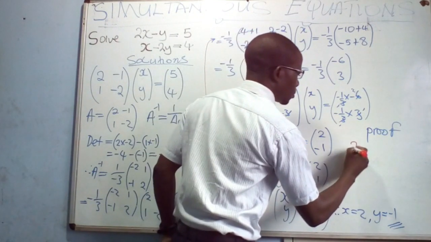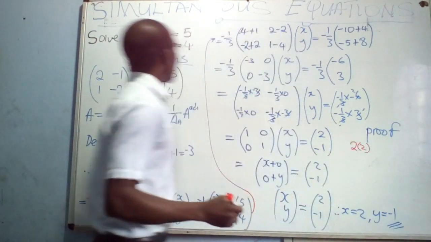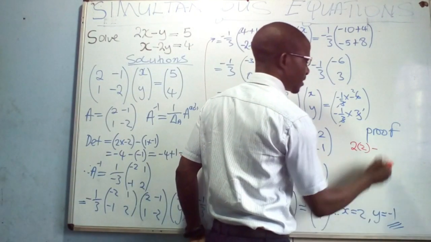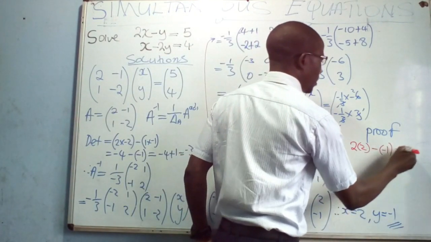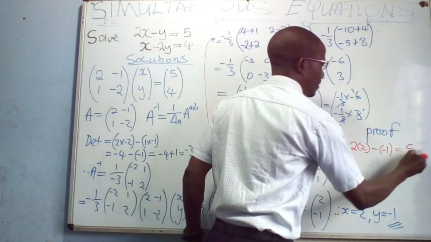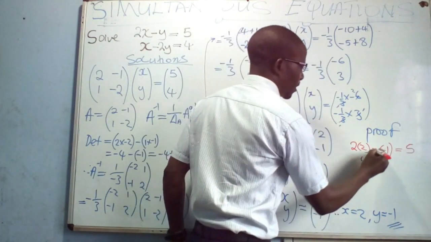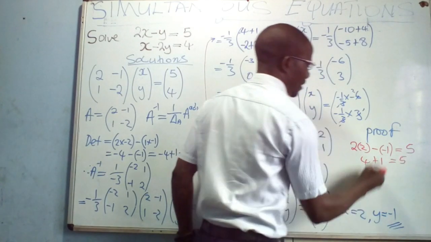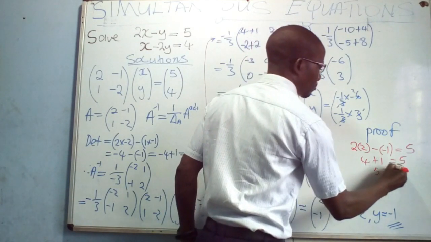So we are saying 2 times 2, then minus y. Our y is negative 1. So minus negative 1 equals 5. 2 times 2, 4. Negative, negative, positive 1 equals 5. Therefore, 5 is equal to 5.